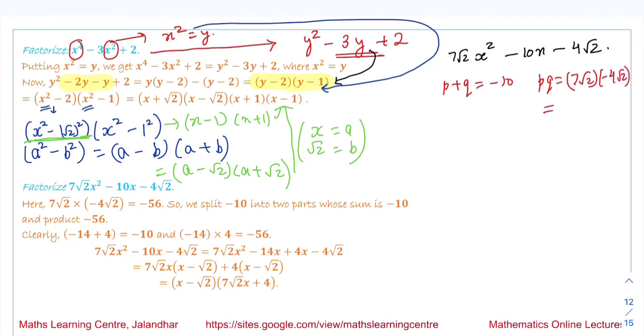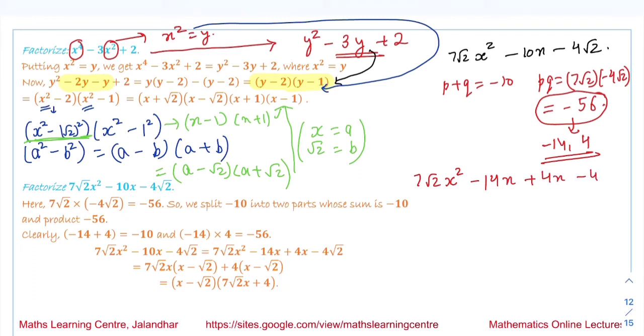So the answer you will get is minus 56. So when we start finding the factors of 56, we will see that the numbers minus 14 and 4 will serve our purpose. So we will write this equation as 7 root 2 x square minus 14x plus 4x minus 4 root 2.